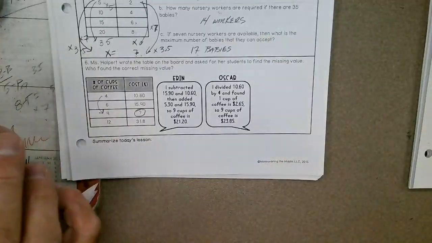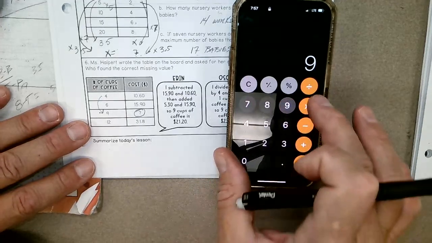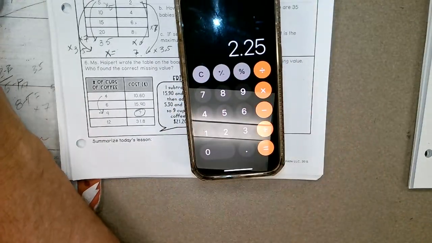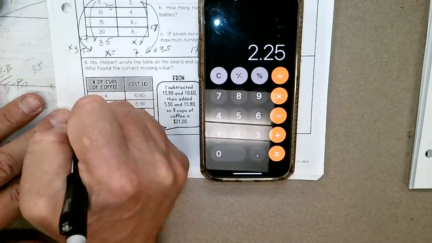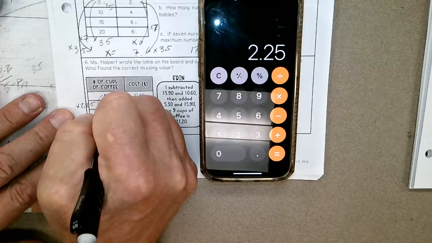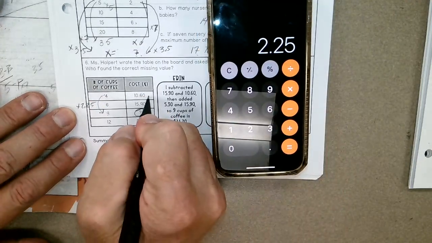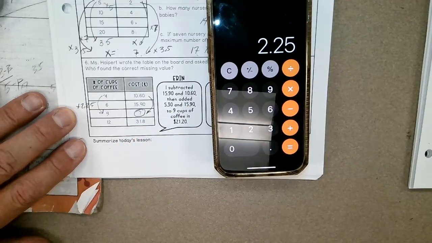I'm going to take my calculator and take 9 and divide it by 4. You're going to notice that I get 2 and 25 hundredths. So that means 4 times 2.25 is going to give me 9. So guess what I'm going to do to this side? I'm going to scale it up by a factor of 2.25.